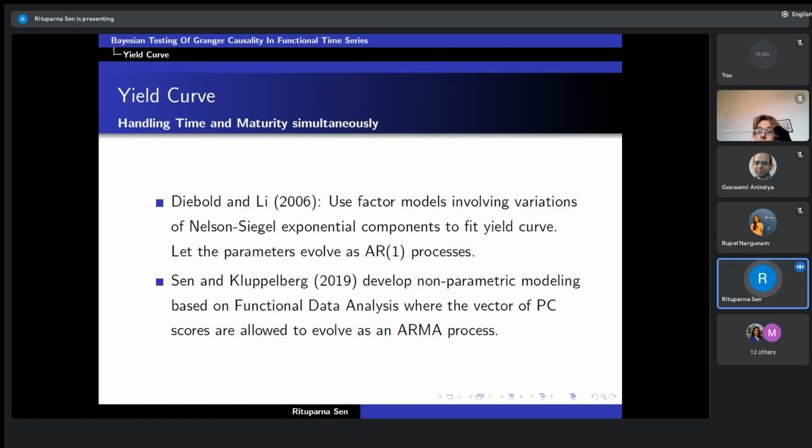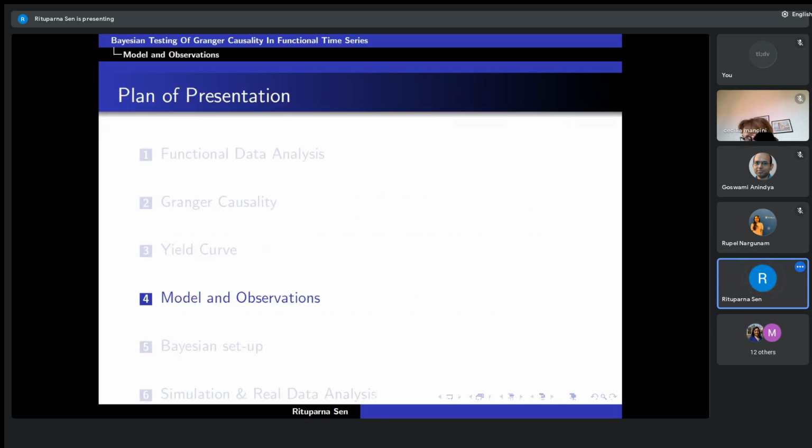So they did not allow dependence among the parameters, and the MA was not there. So it was a lot of development on the Diebold and Lee, and we did get far better fits. So that was time series of functional data and how that was applied to yield curves.